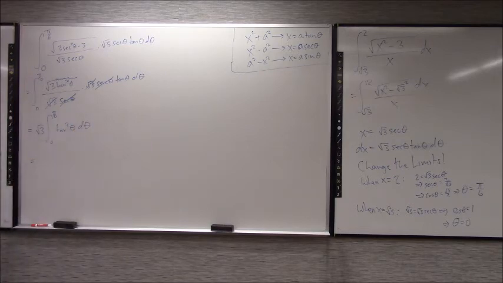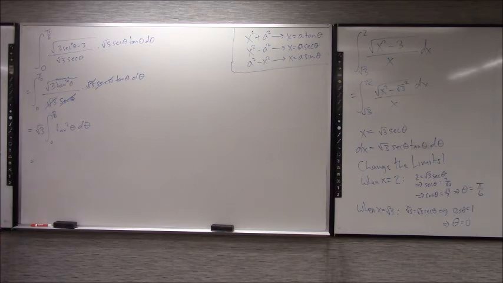How do I integrate tangent squared? This is from the first section where we're doing secants and tangents.